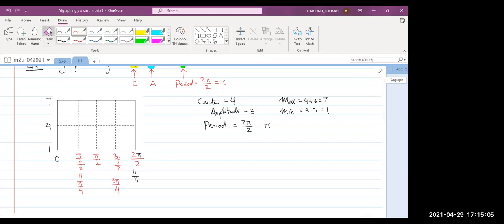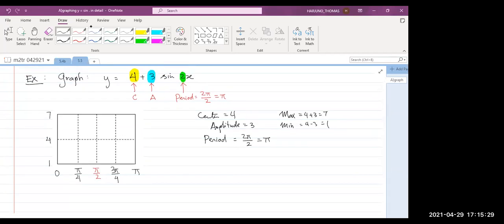So if I clean that up, this will be from 0 to pi. The pi becomes pi over 2. Pi over 2 becomes pi over 4. 3 pi over 2 becomes 3 pi over 4. But the graph is still the graph of sine.